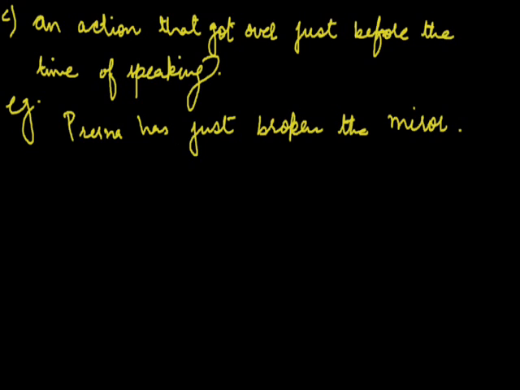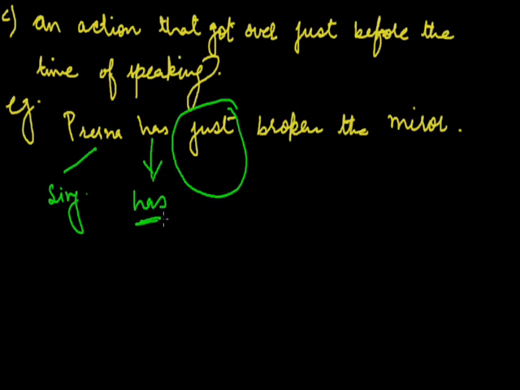So, has just shows that the action has recently completed, or Prerna has broken the mirror just before some time. Because Prerna is a singular subject, that's why we have used has auxiliary verb, and broken is verb 3, that is past participle.